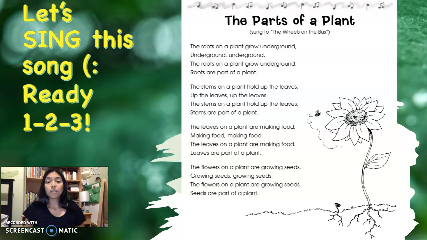The leaves on a plant are making food, making food, making food. The leaves on a plant are making food. Leaves are part of a plant. The flowers on a plant are growing seeds, growing seeds, growing seeds. The flowers on a plant are growing seeds. Flowers and seeds are part of a plant.